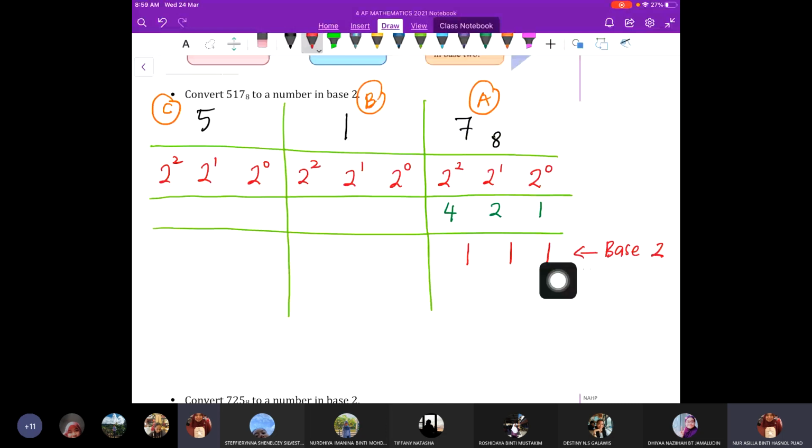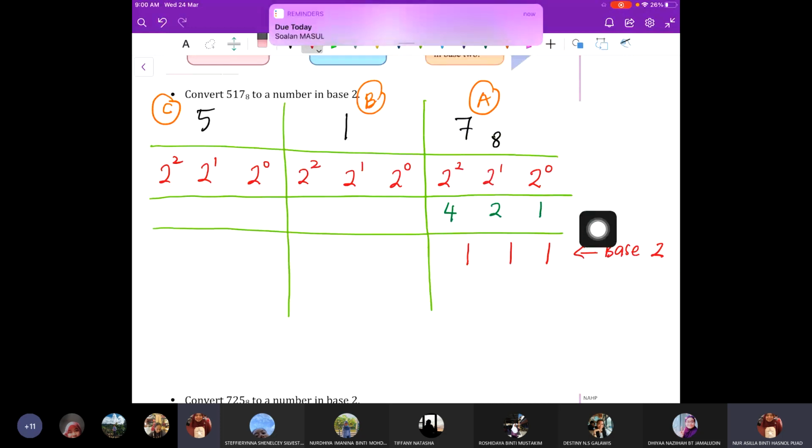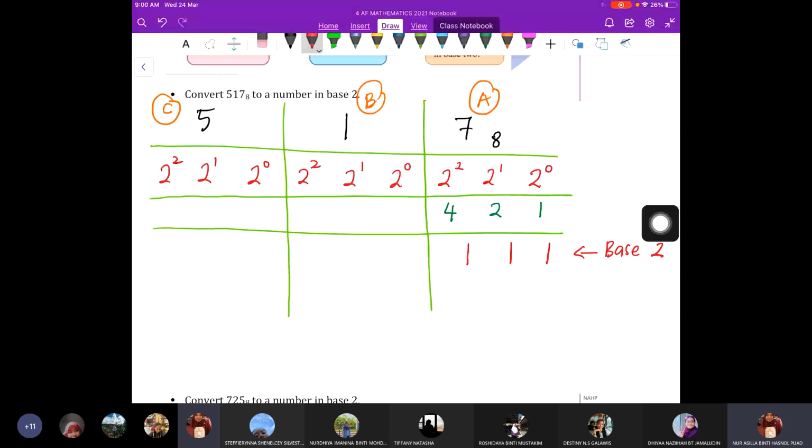Ini adalah saya punya base 2. Sebab saya nak patah balik. Kenapa? 1 ini kalau saya darabkan dengan 2 kuasa kosong, saya akan dapat 1. And then 1 saya darabkan dengan 2 kuasa 1, akan dapat 2. 1 darab dengan 2 kuasa 2 dapat 4. Kerana saya perlukan semua ni supaya saya boleh tambah. Saya dapatkan balik 7.